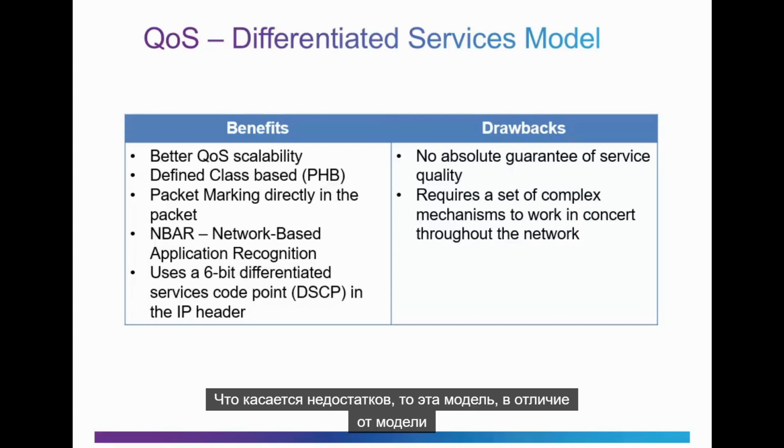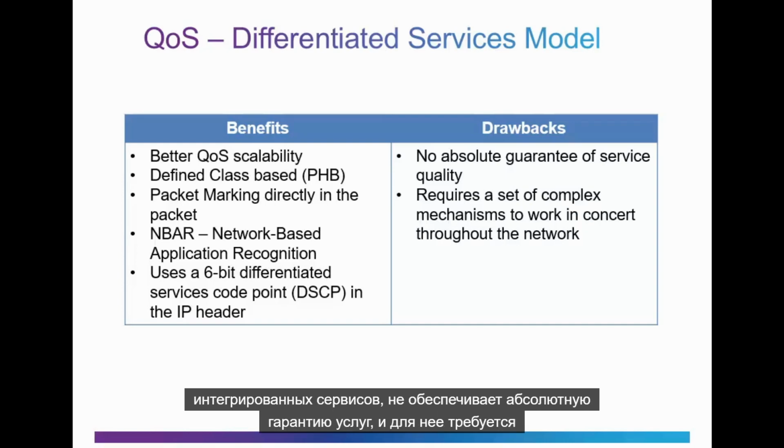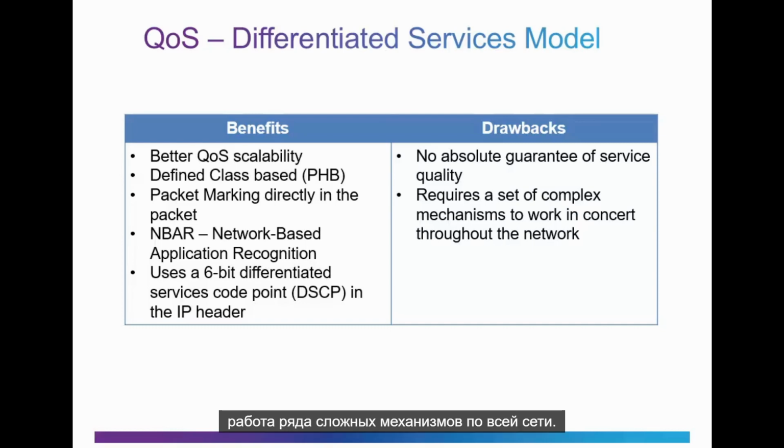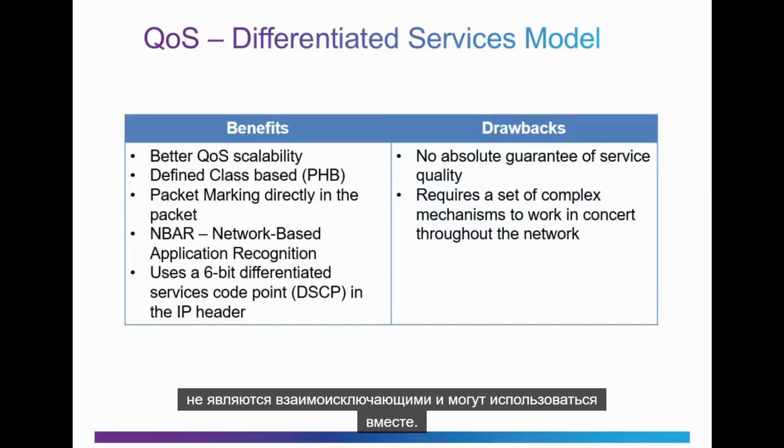Under drawbacks, it doesn't provide the absolute guarantee of service that integrated services does, and it requires a set of complex mechanisms to work throughout the network. This is why differentiated services is often used with integrated services. Both the integrated services and the differentiated services models are not exclusive, and they can be used together.